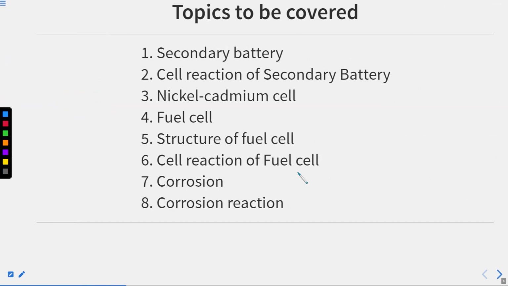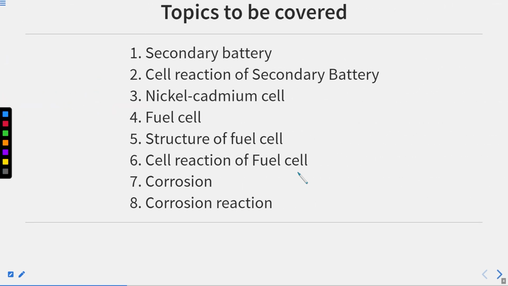So if I talk about today's topics, we will see first of all what is secondary battery, what is the definition, what are its applications and all. Then we will see what is the cell reaction for a specific type of secondary battery. Then we will see the example of this secondary battery, that is nickel cadmium cell.